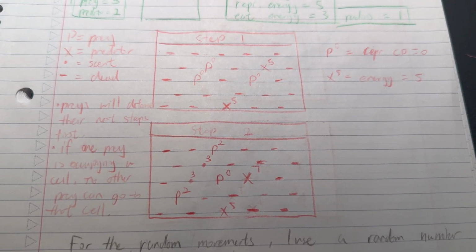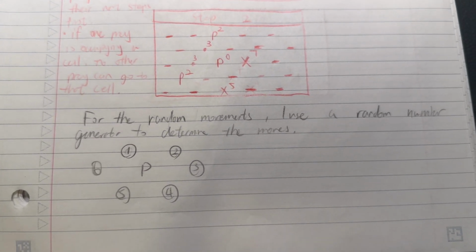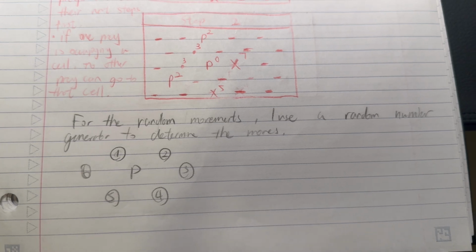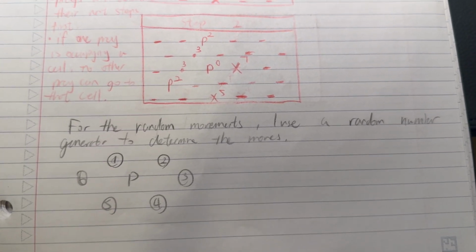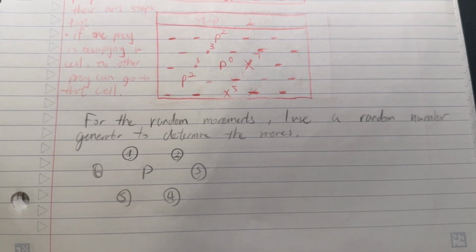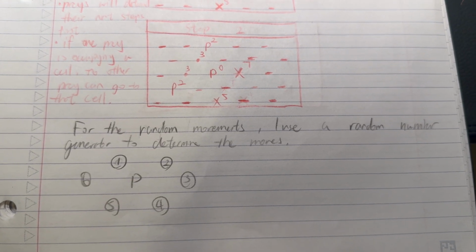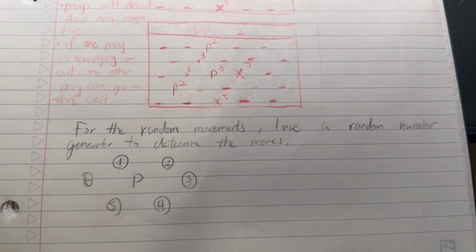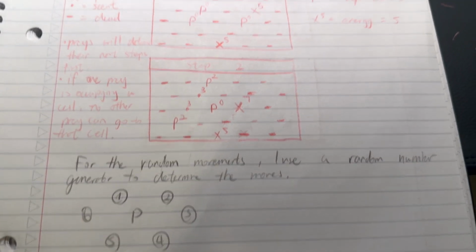You can see that for all the random movements here, I use a random number generator, and you can see I marked there are 6 possible next positions for a prey. So I use the random number generator to generate a number from 1 to 6, and then it will determine their next step.